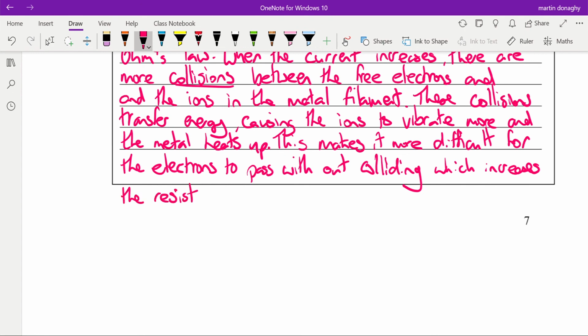Because resistance is just a measure of the opposition to the flow of electric current, which is electrons. More collisions means more resistance, and more collisions causes it to heat up more.